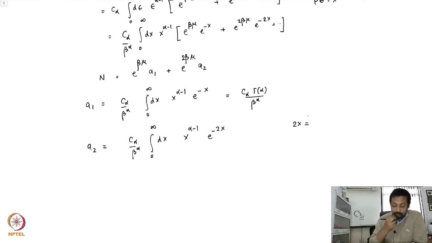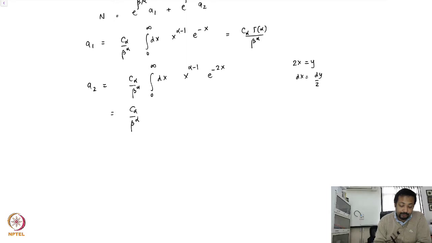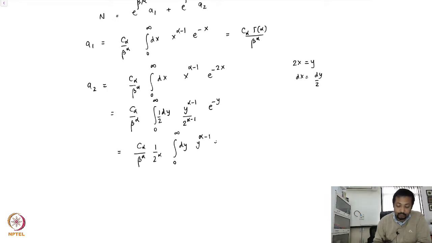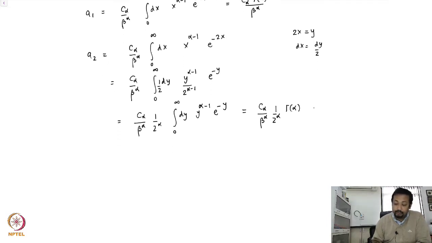Once again, we make the substitution 2x equal to y, in which case dx is dy by 2, and I have c_alpha beta to the power alpha, integral 0 to infinity dy with a half factor in front of it. x is y by 2, giving y to the power alpha minus 1 over 2 to the power alpha minus 1, e to the power minus y, so that I have c_alpha beta to the power alpha, 1 over 2 to the power alpha, integral 0 to infinity dy y to the power alpha minus 1 e to the power minus y, and this gives me c_alpha beta to the power alpha, 1 over 2 to the power alpha times gamma alpha, which I observe is a1 divided by 2 to the power alpha.